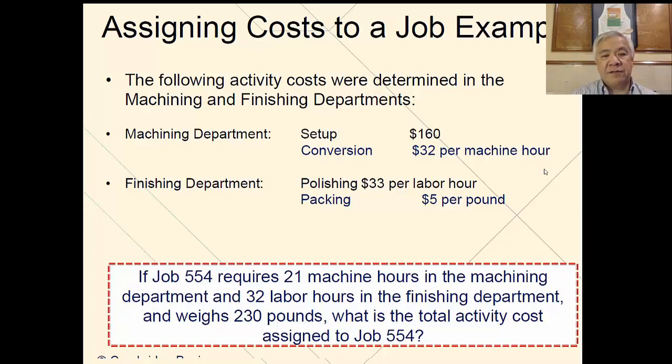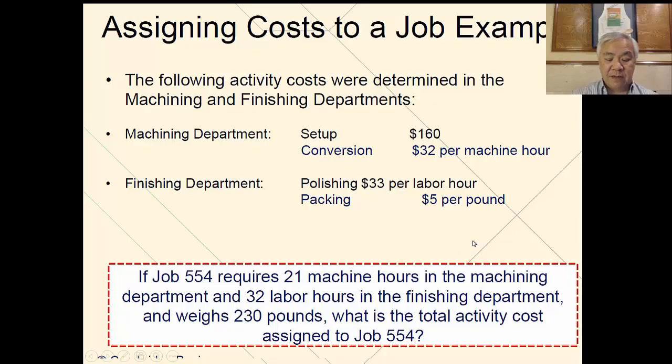In the finishing, we have two activities, the polishing and the packing. Polishing will be charged at $33 per labor hour for the polishing of the steel shelves, and then the packing is by weight, and it's $5 per pound. We can then assign the costs based on now all of the activities, the three activities in purchasing, plus the two activities each for machining and finishing.